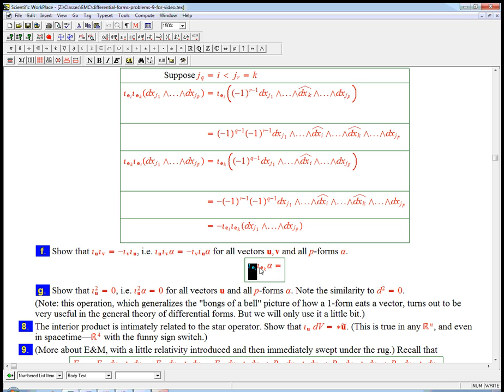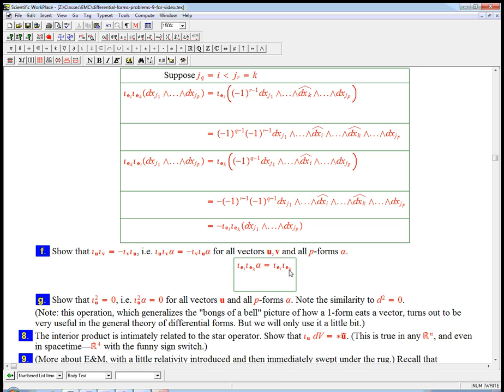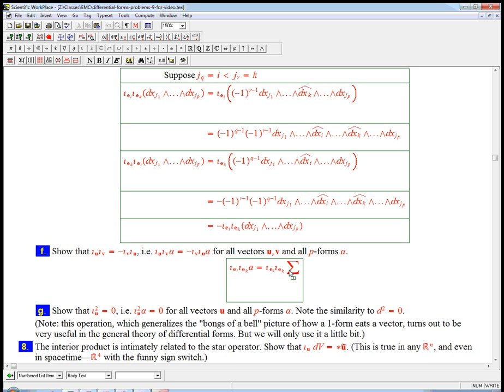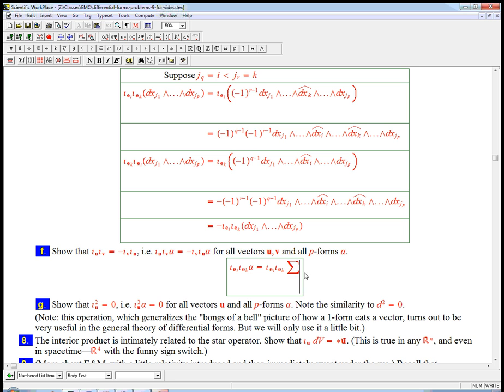Well, that's going to be this operation, and then alpha is going to be a sum of things like alpha. It's kind of hideous to write this out. I'm just going to put a question mark here, and then dx question mark wedge dot dot dot dx question mark. There's various official ways to do this, but the point is it doesn't matter. This is a sum of coefficients times various combinations of the dx's.